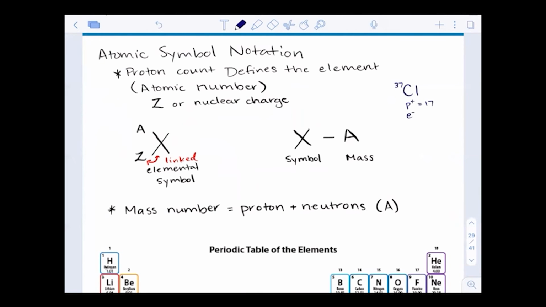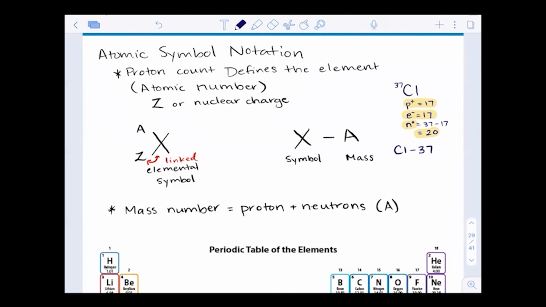This is a neutral element, so I have to be balanced with my protons and my electrons. And my neutron count, I would simply take the mass minus the number of protons to solve for that. So we can look at that atomic symbol notation, Cl-37, and know a lot about the element that we are discussing. Another way to write that would be Cl-37.